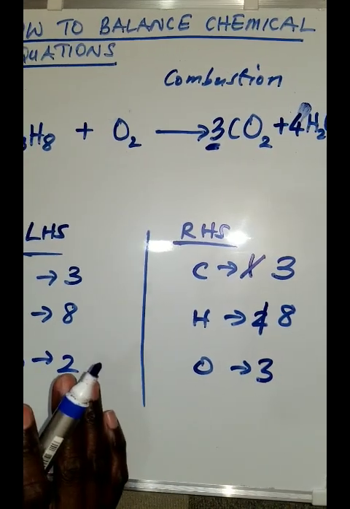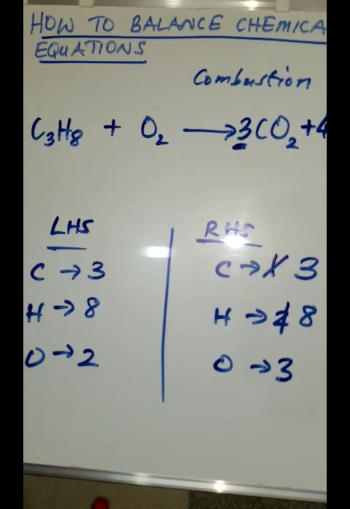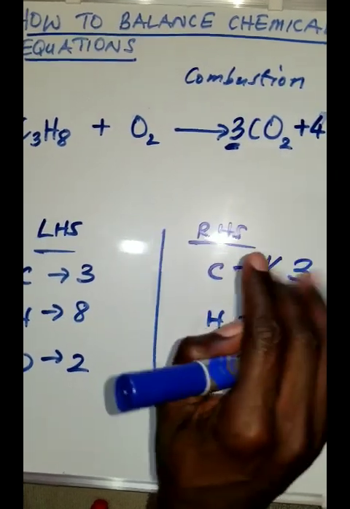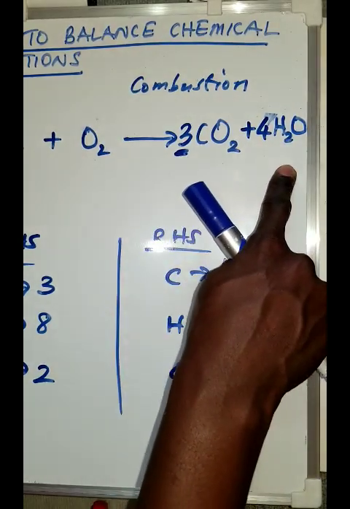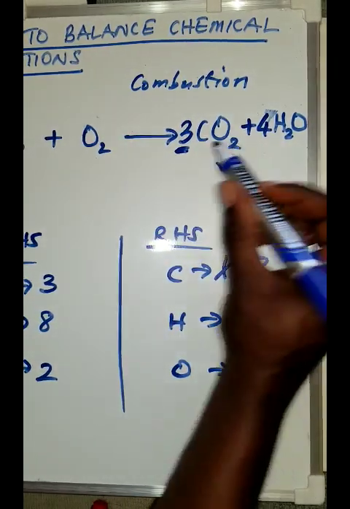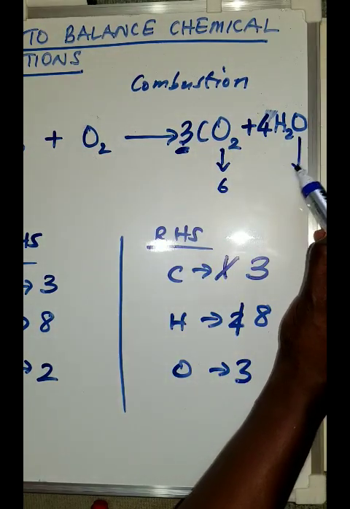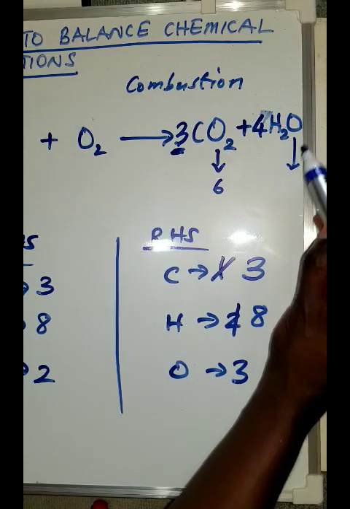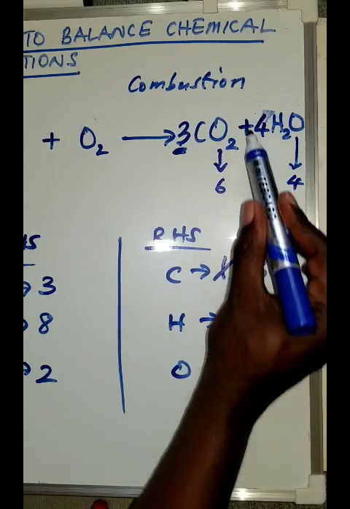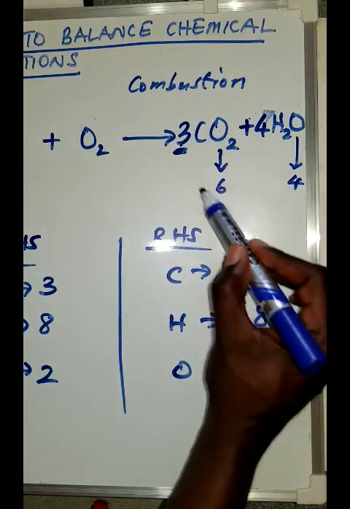So once you balance the carbon and the hydrogen, you can now balance the oxygen. You start by counting the number of oxygen on the right hand side. Here, it is 3 times 2, so there's 6 oxygen there. Then for the water, it is 4. Remember at the bottom there's a 1 which you can't see. 4 times 1 will give you 4. And there's a plus sign, so 4 plus 6 plus 4 gives you 10.